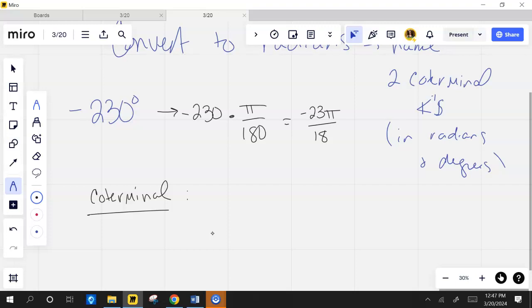Negative 230. I always add 360. I don't ever subtract, but you certainly may subtract if you want to. What is it? 130. What's another coterminal? All right, so two coterminal angles to negative 230.